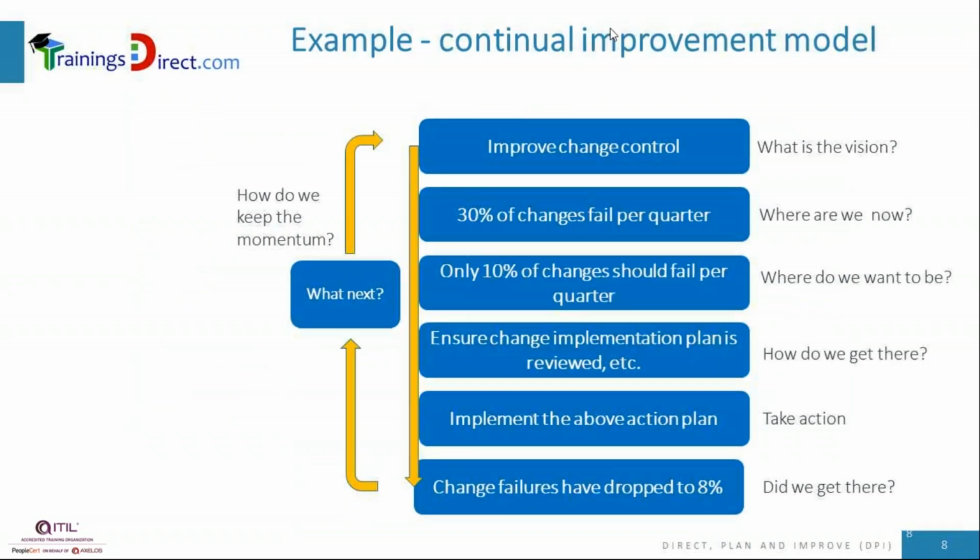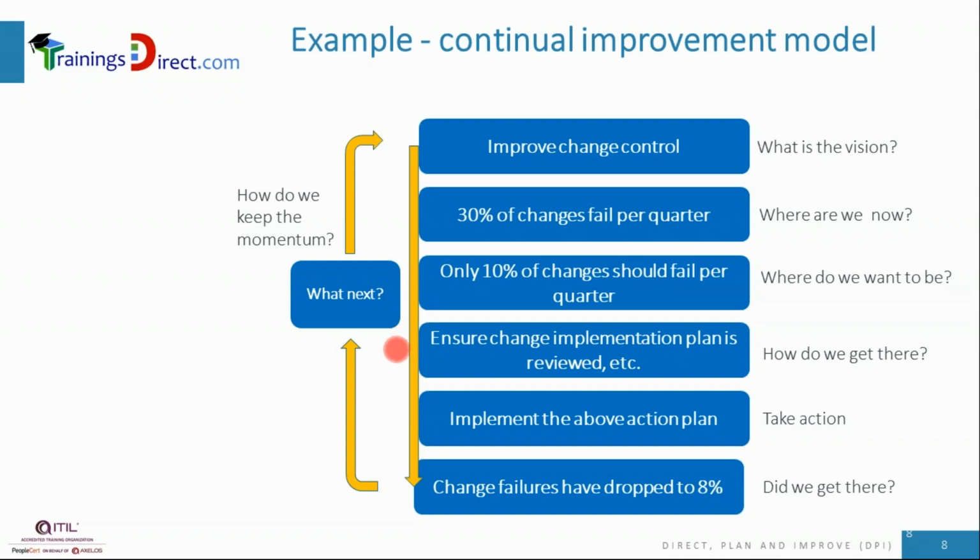Let's look at an example quickly before we move on to individual steps. For example, in order to improve change control, which is the vision, the baseline or the current situation is that 30% of changes fail every quarter. Therefore, the target is set to only 10% of changes failing per quarter.